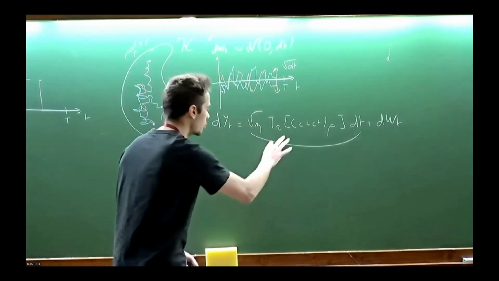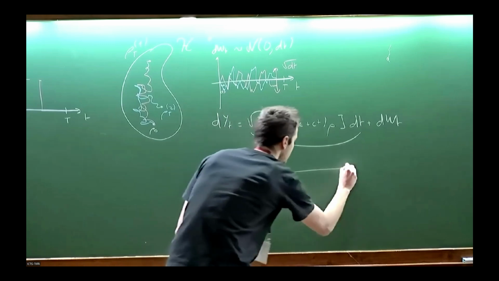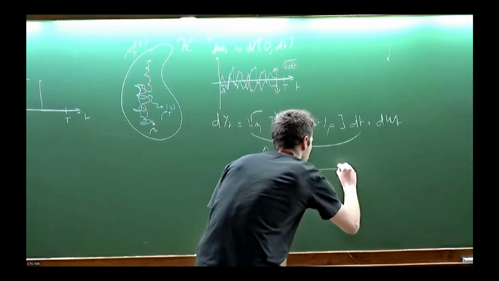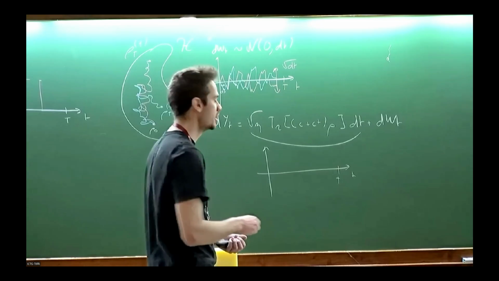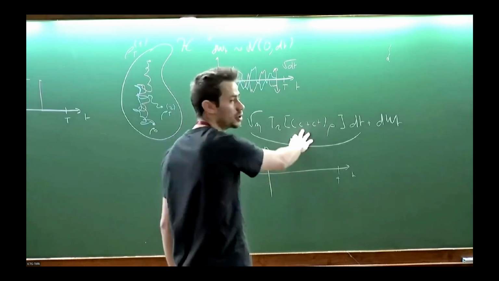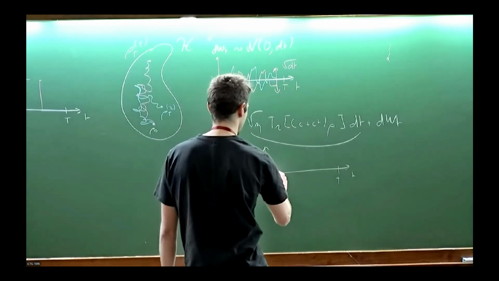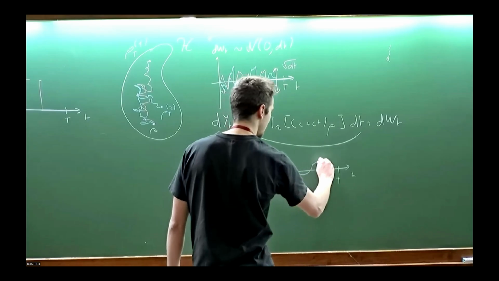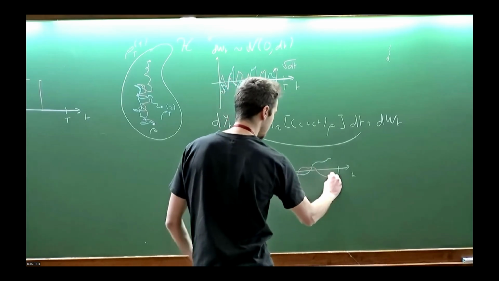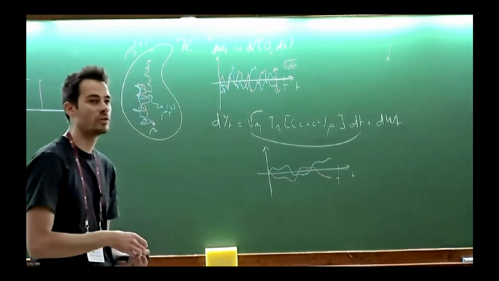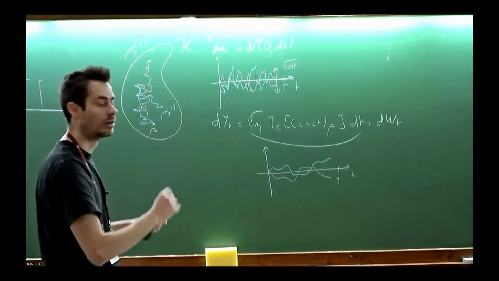Okay? And if you want to represent how this part evolves in time, well, it's going to be much smoother, okay? It's going to be the time evolution of one of the observables. So maybe in the blue case, it's, I don't know, something like this. And maybe in the red case, it's going to be something like this. But what's very important with these equations is to look at the order of things.